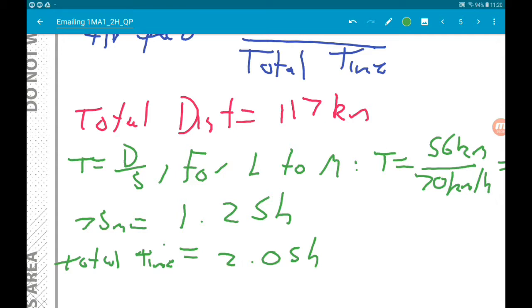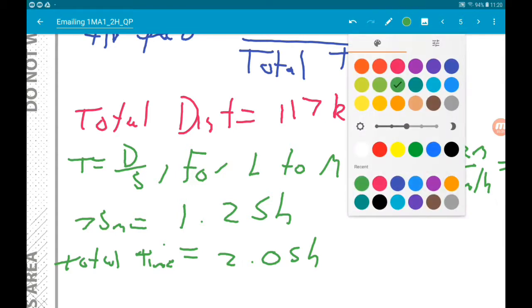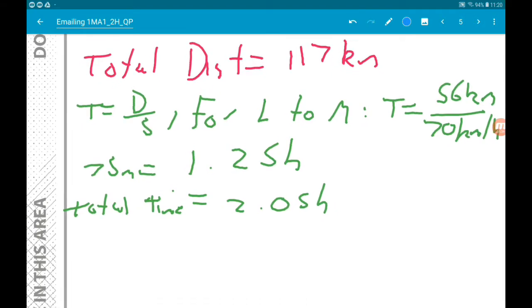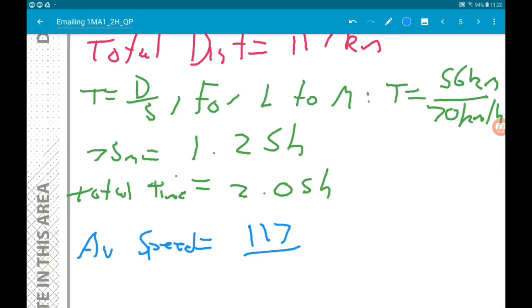So finally, his average speed is 117 divided by 2.05. See what that gives us.